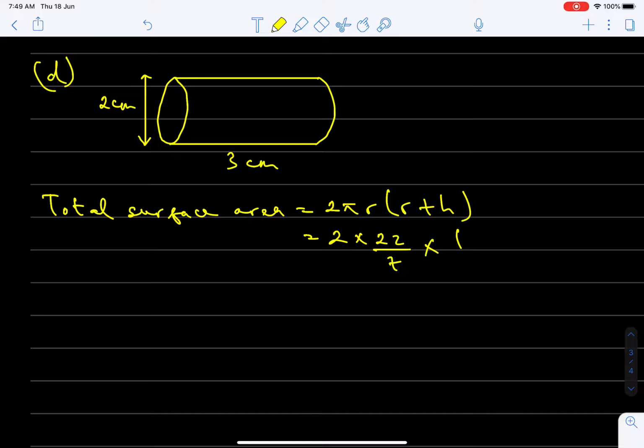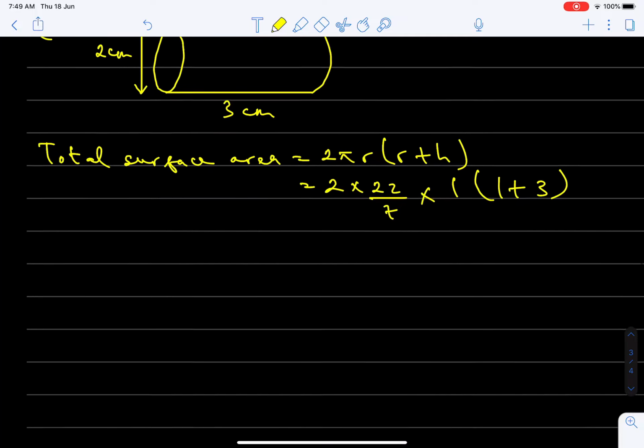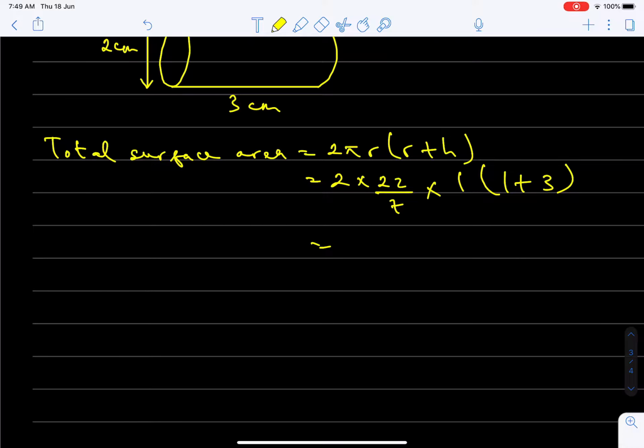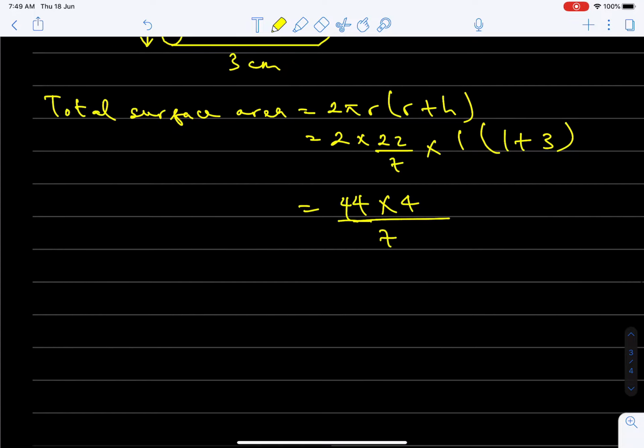And that's 2 times 22 over 7 times 1 into bracket radius, which is 1, plus height, which is 3. And that means 2 times 22 is 44. That means 44 times 1 plus 3 is 4 times 1 is 4. 44 times 4 over 7.